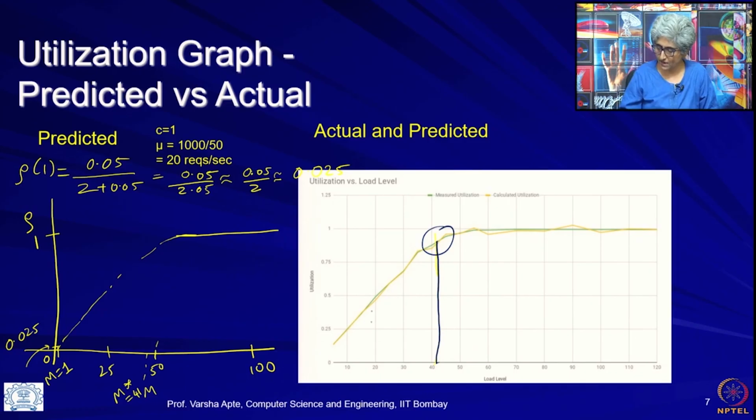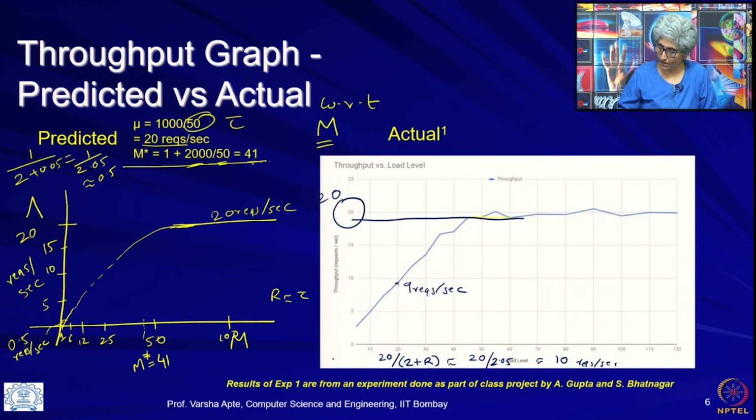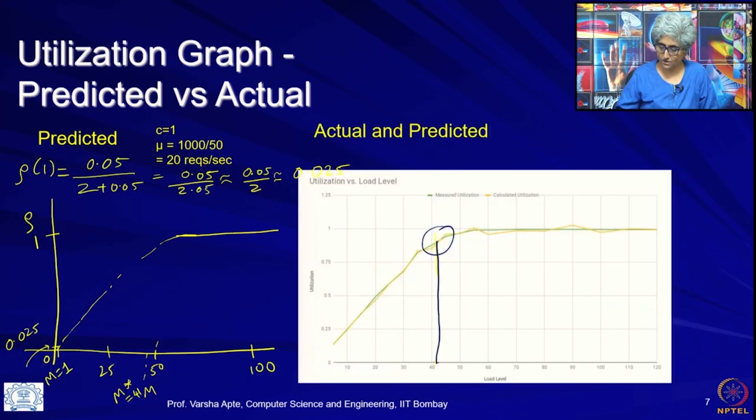Now let us do the same kind of reasoning for 20 users. Now we actually know the throughput, right. At 20 we know that the throughput was around 9. If we know the throughput, can we calculate the utilization directly using the utilization law? Suppose it is 9 requests per second.